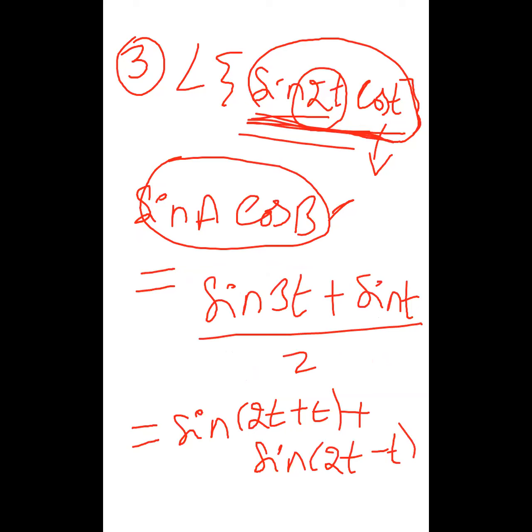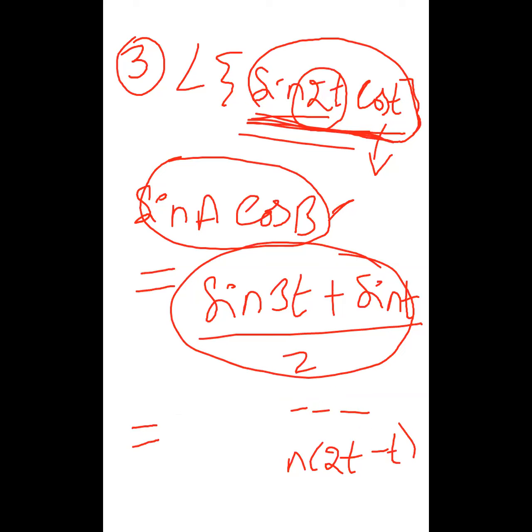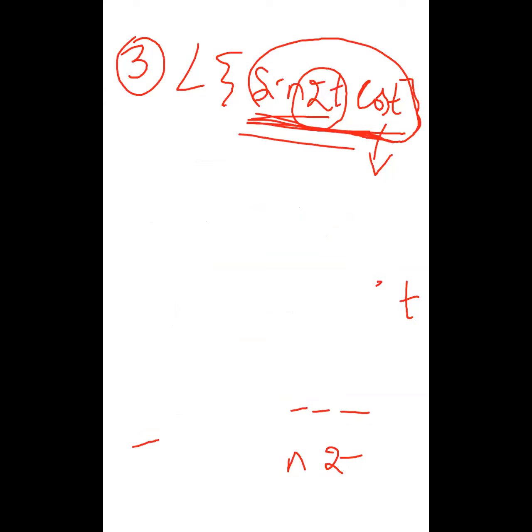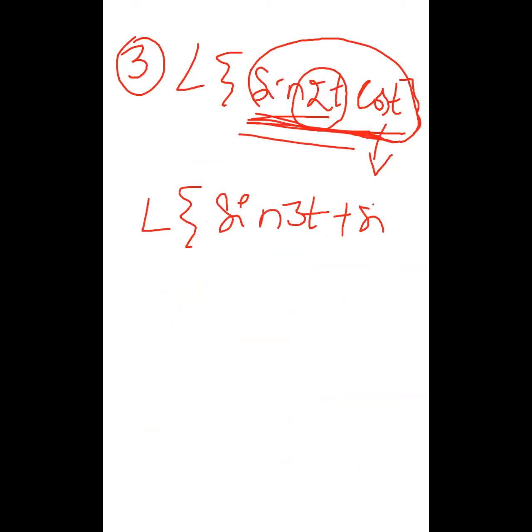Substituting this resulting value into the given problem, the problem is converted into L of sin 3t plus sin t divided by 2.